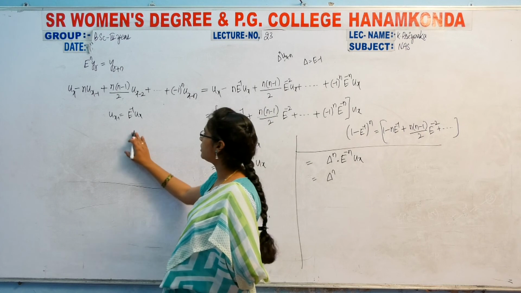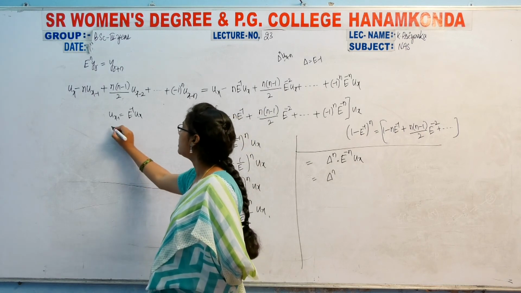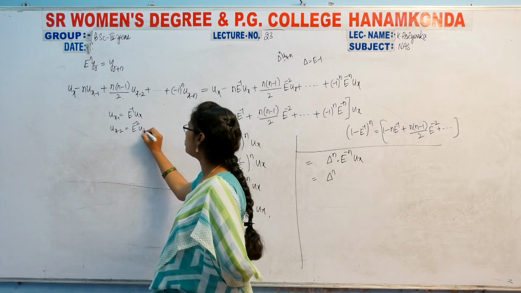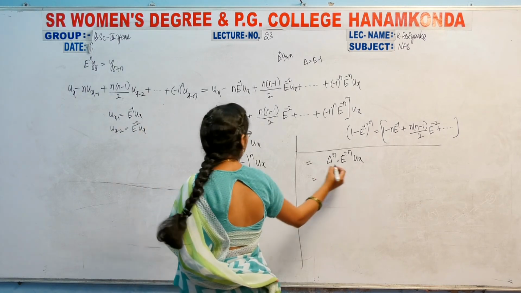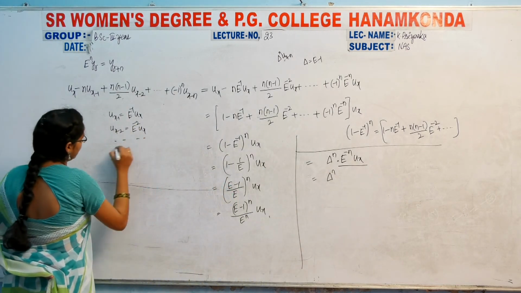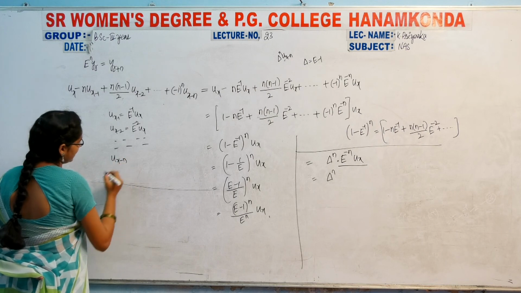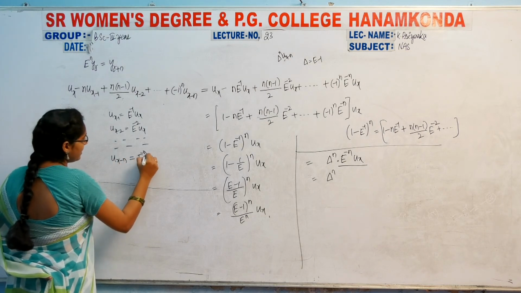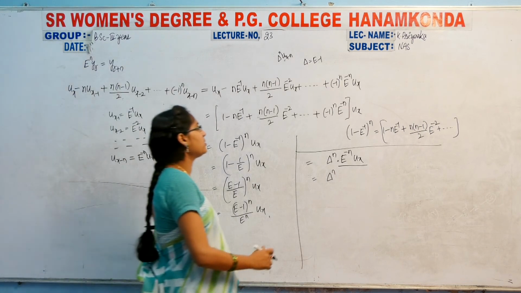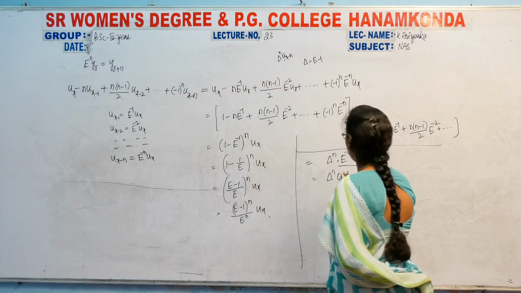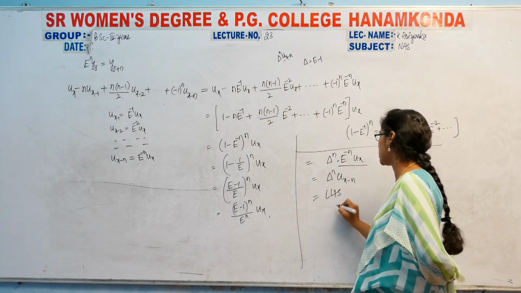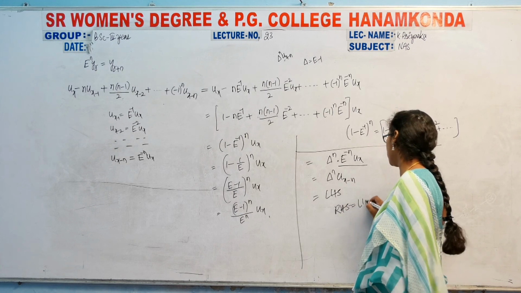Minus n means minus 2, minus 3, minus 4 we will get. The meaning of this one, listen carefully, is e power minus 2 ux, right? So now I have e power minus n ux. Similarly, if I take up to x power n minus n, what I am getting is e power minus n ux. So now can I write it as nothing but u x minus n? Therefore which is equal to LHS. So therefore finally RHS is equal to LHS.